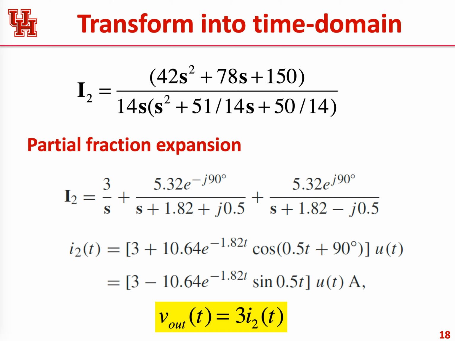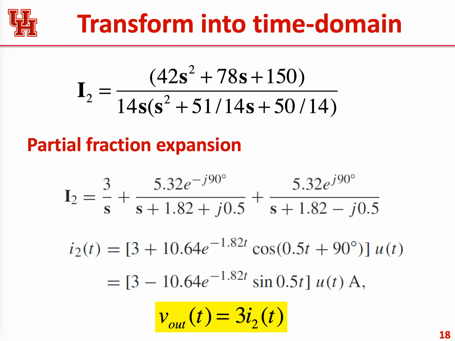Now remember, A2 and A3 are going to have a special relationship. A2 and A3 are going to be complex conjugates of each other. So if we combine these two terms, we can combine them into a single cosine term, minus 0.5 t plus 90 degrees, u(t).